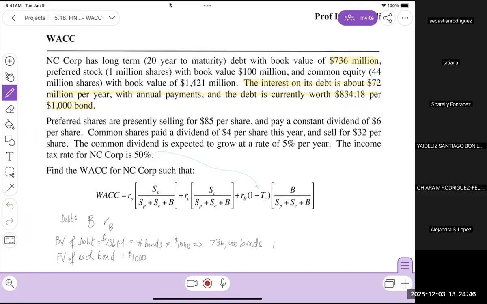So we can get the market value. Market value is equal to number of bonds times price per bond. So it's 736 thousand times price per bond, 834.18. I hope this is right. I'm going to double check. I'm pretty sure it's right. And that's your market value. Now you have that.